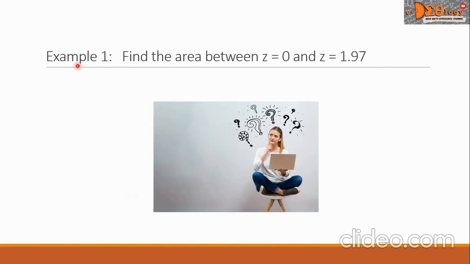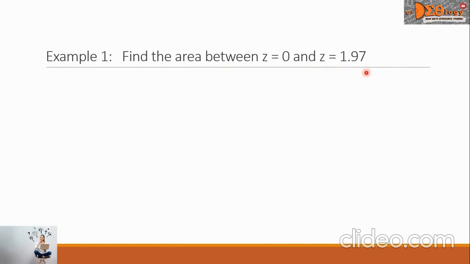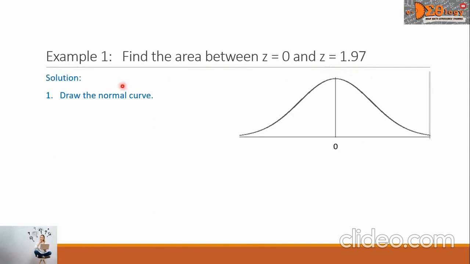Let us see example 1. Find the area between z equals 0 and z equals 1.97. Let us draw the normal curve, and here we have the normal curve. Let us shade the area desired.